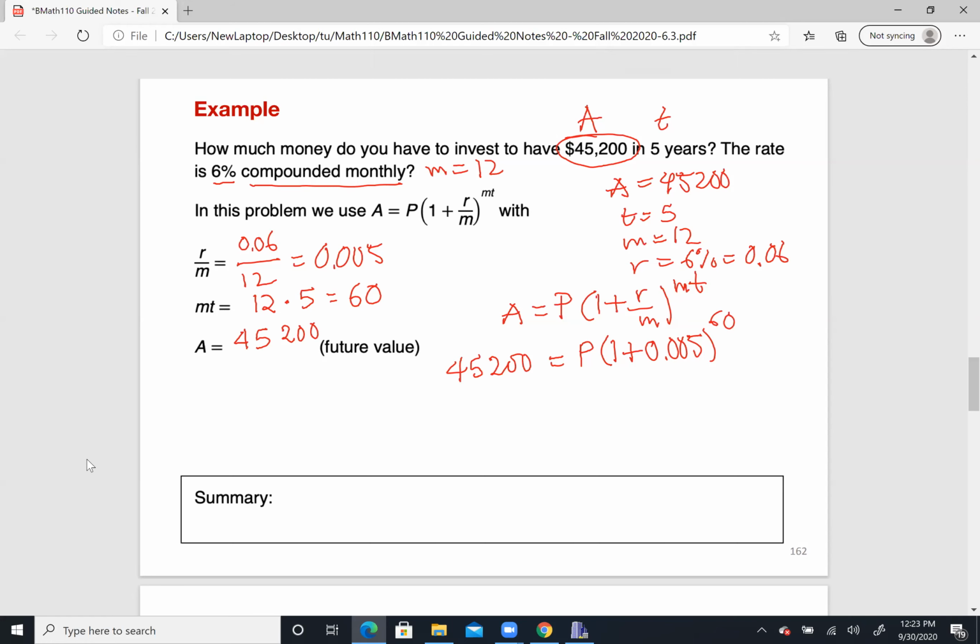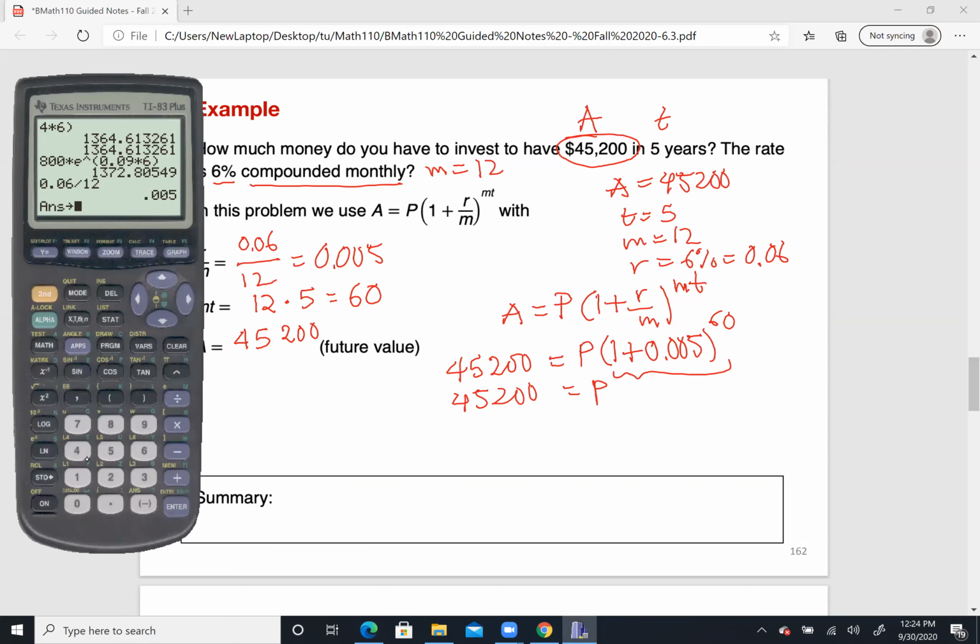So now, maybe I'm going to try to simplify this first. 45,200 equals P times, using a calculator, (1 plus 0.005) to the power 60.